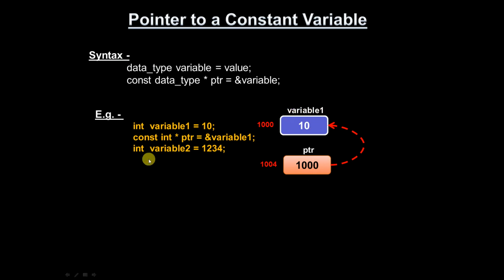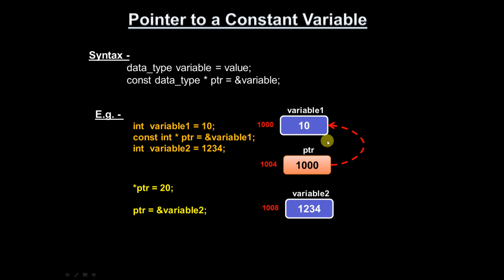Now int variable 2 equals to 1234. I have created int variable 2 equals to 1234. That's fine. Now I am trying to do star ptr equals to 20, meaning wherever it is pointing, that particular place, the 1000 memory location, I am changing the value there.